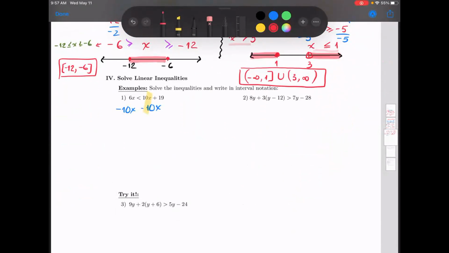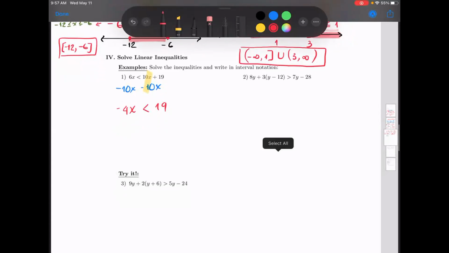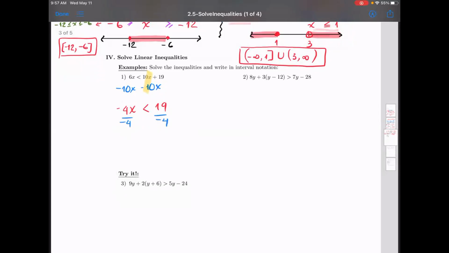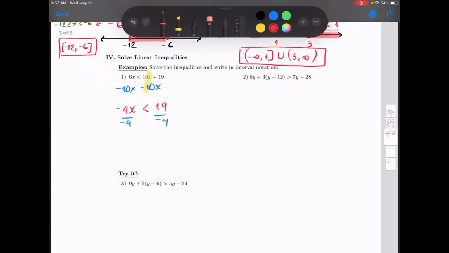Gone. 6x minus 10x is minus 4x, less than 19. Divide both sides by negative 4. Oh, I'm so sorry, it's just the ugly fraction. We flip the sign, right?